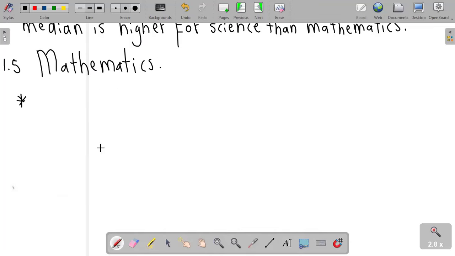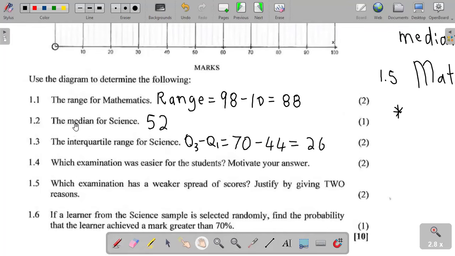So we can look back at the question. We found the range for mathematics, 88.